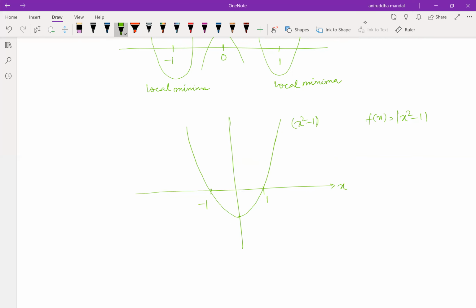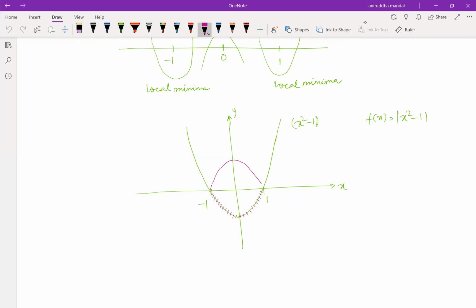Now this mod is there. To do the mod function, what we can do is reverse the part of the graph which is below the x-axis and plot it just above the x-axis.